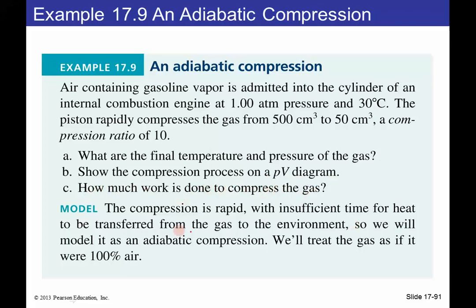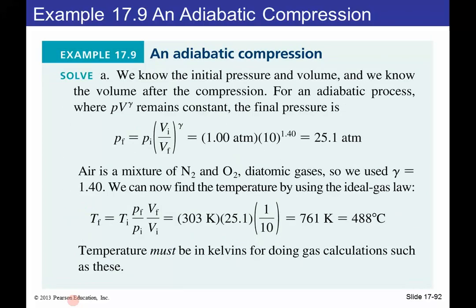So the assumption we are going to use here is that the compression is rapid with insufficient time for heat to be transferred. So therefore, this is an adiabatic compression. And we'll treat the gas as 100% air. So because it's an adiabatic compression, we know that PV to the gamma is equal to a constant, right?